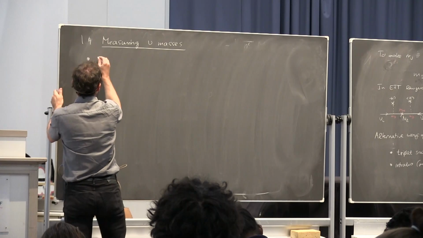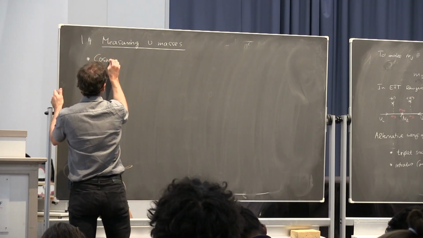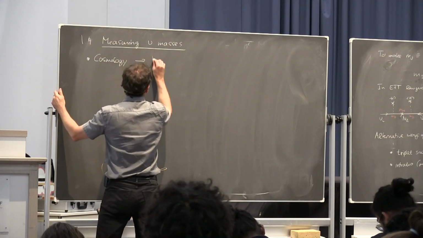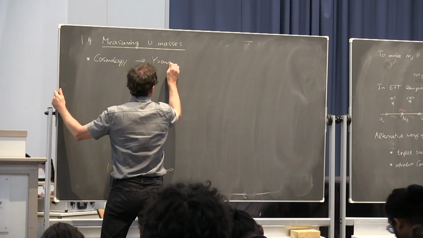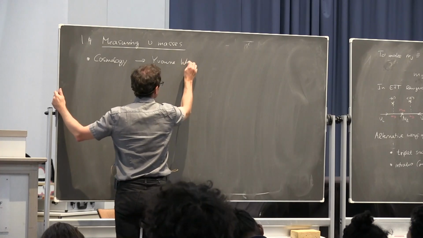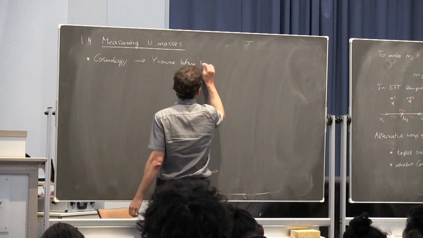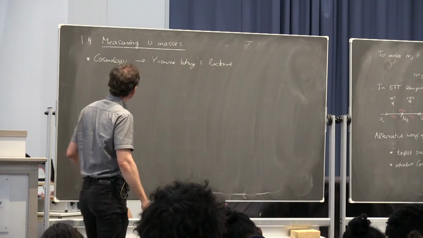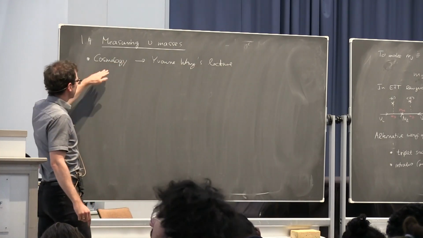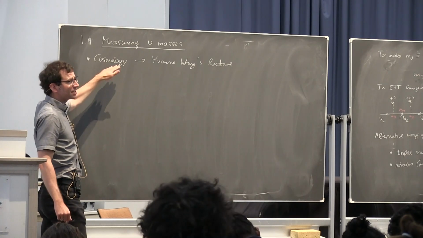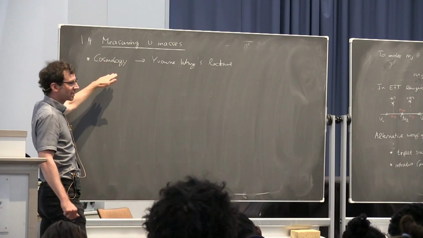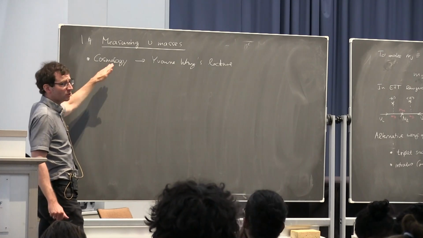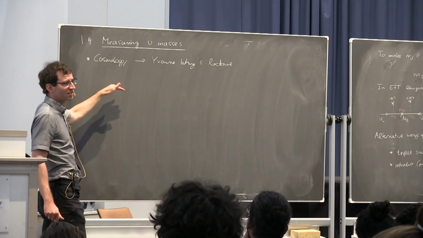As I said, the most sensitive way of measuring neutrino masses is cosmology, which is going to be part of Yvonne Wong's lecture. And in fact, cosmology has gotten really, really close to measuring neutrino masses. So I would expect that in the next 5 to 10 years or so, we will have an answer from cosmology for how large the neutrino masses actually are.